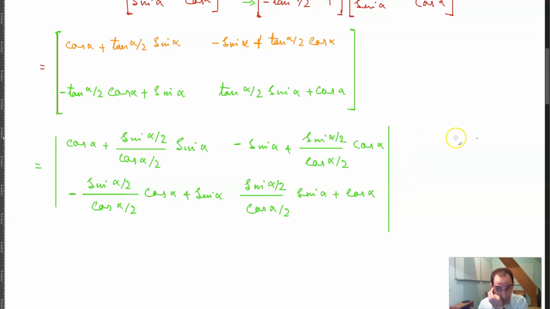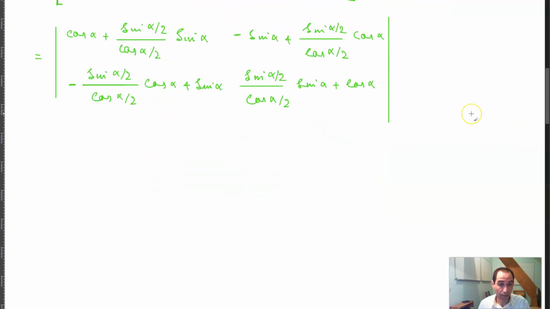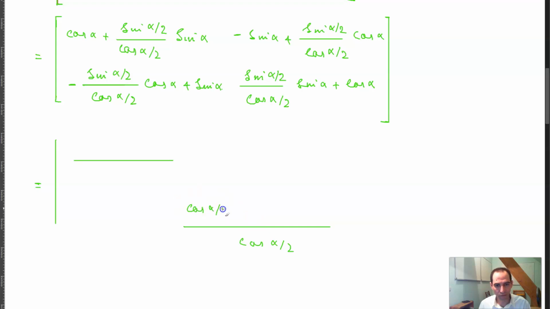Now you can put these together and take the LCM. Of course, this is a matrix, not a determinant. So I can take the LCM as cos of alpha by 2, and then cos alpha by 2 times cos alpha, plus sine alpha by 2 times sine alpha, right?